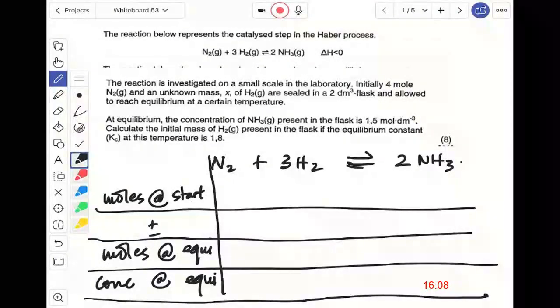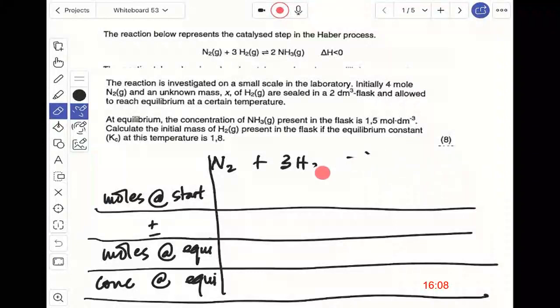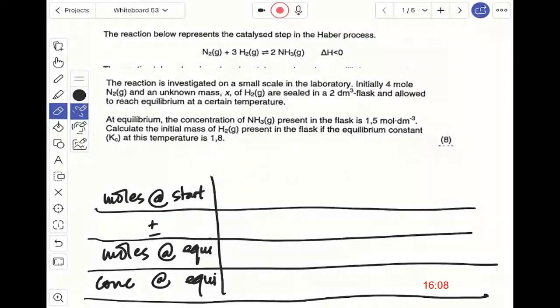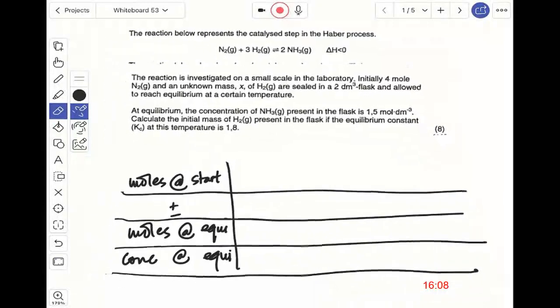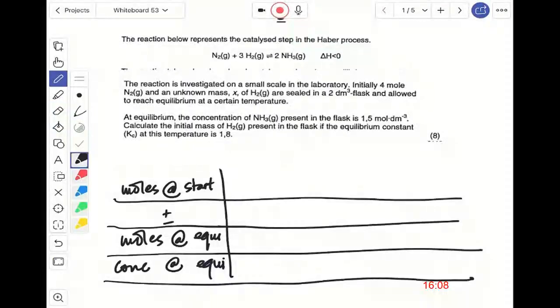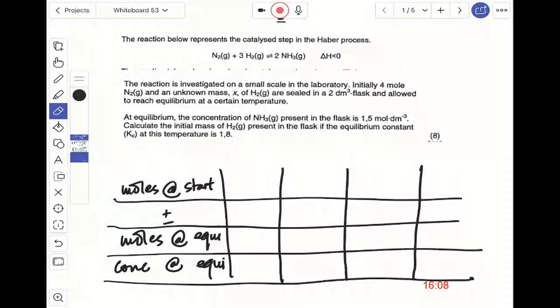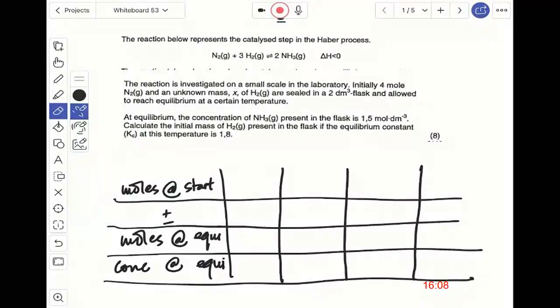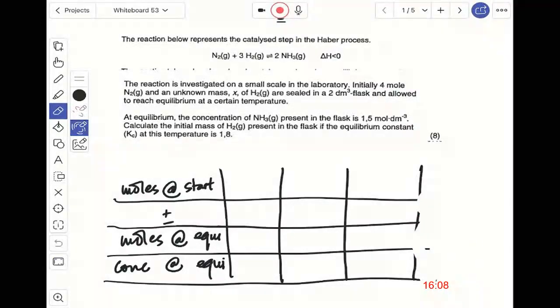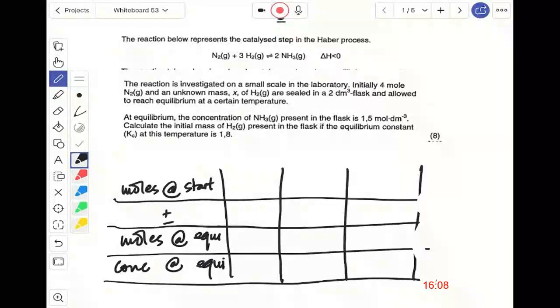Let me just remove that and write that a little bit higher. There we go.